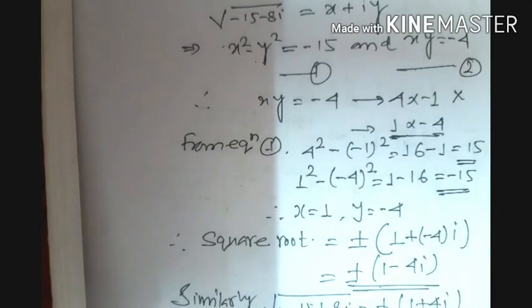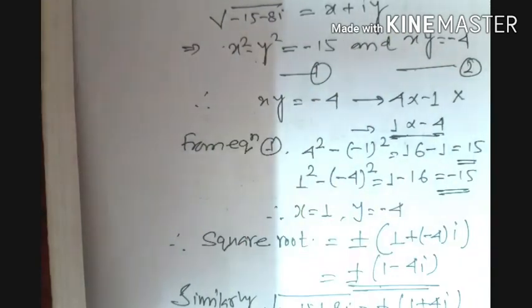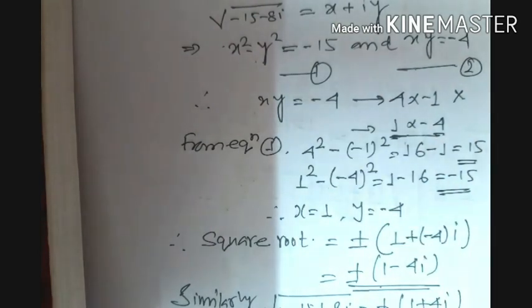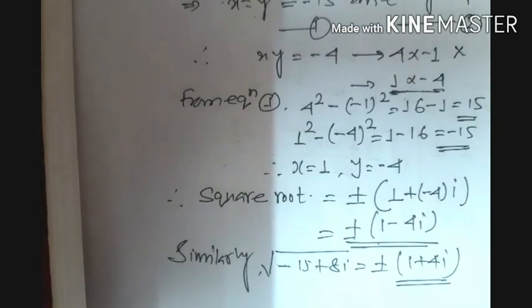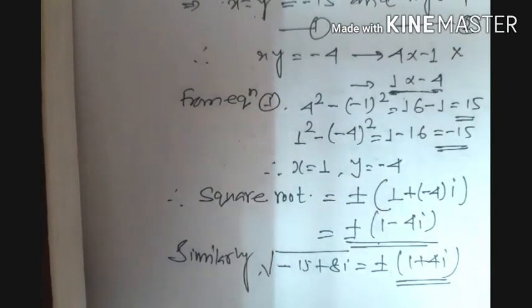Now for xy equal to something, here we have to find the factors of minus 4. Now by using the factors we have to see whether they satisfy this equation or not. That means all those factors, have they satisfied equation 1 or not. If it is satisfied, then that will be our required answer. That means in place of x we have to put the value of x, and in place of y the value of y. Then we'll have our required square root. That's it. So this is our process, I mean the shortcut method.